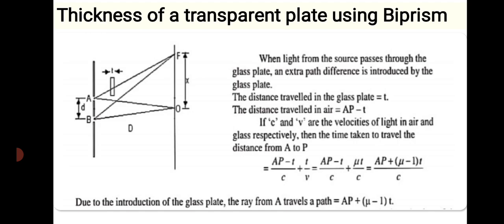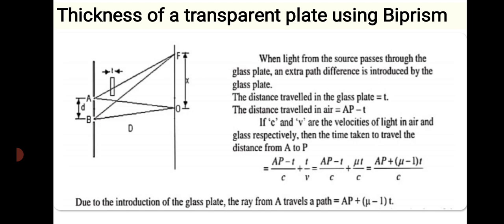Thickness of a transparent plate using a biprism. When the light from the source passes through the glass plate, an extra path difference is introduced by the glass plate. The distance travelled in the glass plate is equal to small t. The distance travelled in air is equal to AP minus t.